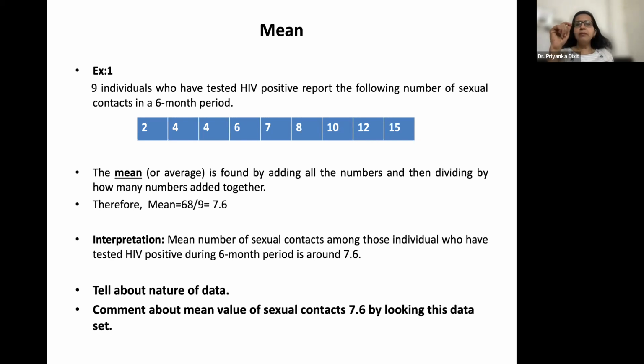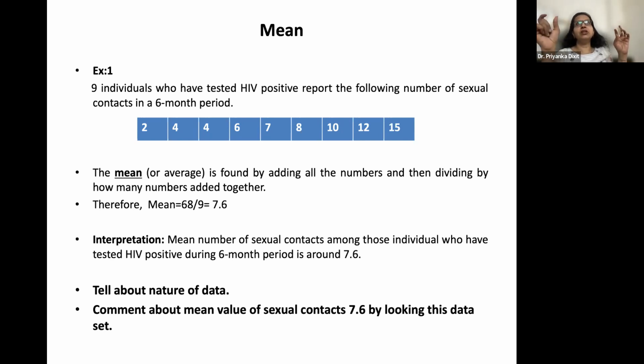My median was 7. What is the interpretation of median? Median divides the entire data set into 2 equal parts. So the interpretation of median is that 50% of people have reported less than 7 times sexual interaction.